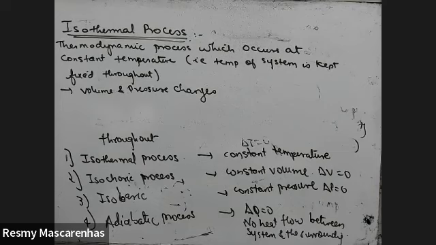The main aim is that the temperature of the refrigerator will remain constant. If you are setting the refrigerator at 4 degrees Celsius, it will maintain 4 degrees Celsius for all the objects whatever you are placing inside.